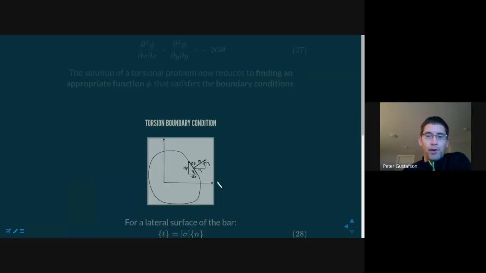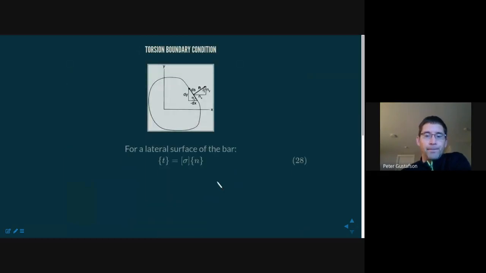Let me put up a set of examples here. Let's look at, again, that same arbitrary cross-section that we saw previously. What do we know? Well, we know that our stress boundary conditions need to be satisfied. In this case, on a lateral surface of our shaft, as I twist this, what's going on in the middle of the shaft?